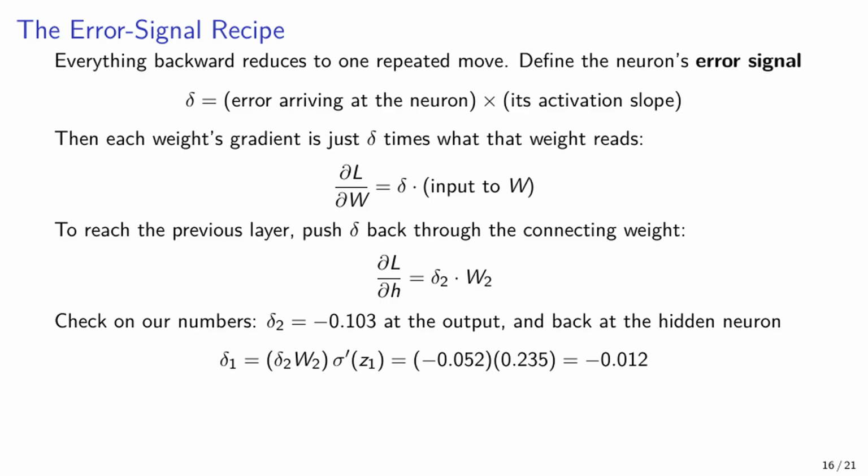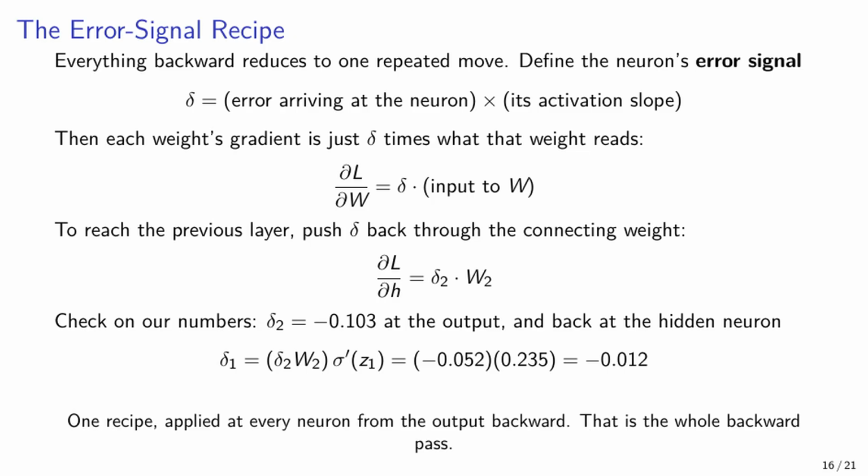The output error signal delta 2 was negative 0.103. Push it back through the weight and multiply by the hidden slope, and the hidden error signal delta 1 is negative 0.052 times 0.235, which is negative 0.012.